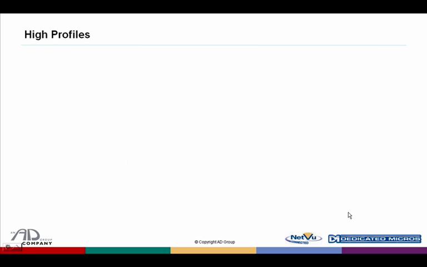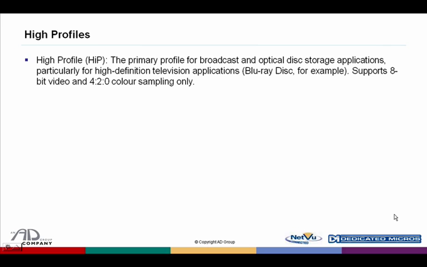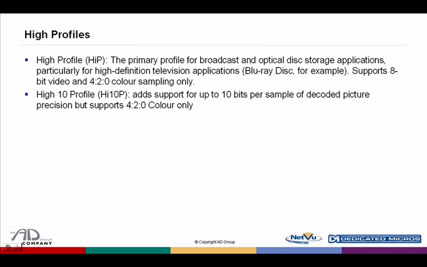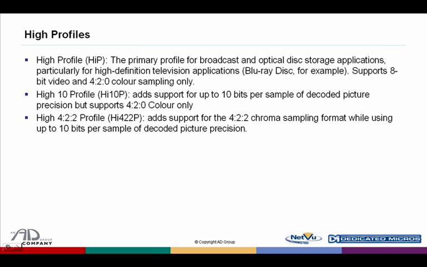So the 4 high profiles comprise the high profile itself, which is the primary technology used within Blu-ray discs, for example. So it is 8-bit video and again 4:2:0 colour sampling. The high 10 profile then takes the sampling up to 10 bits per sample, but again it's limited to a 4:2:0 colour space.